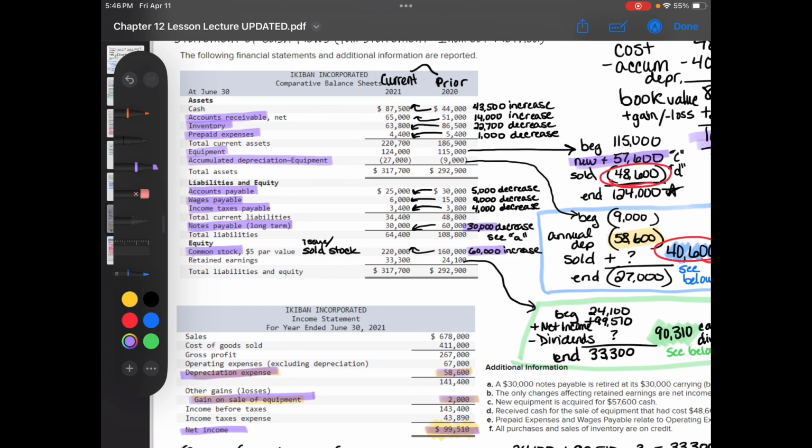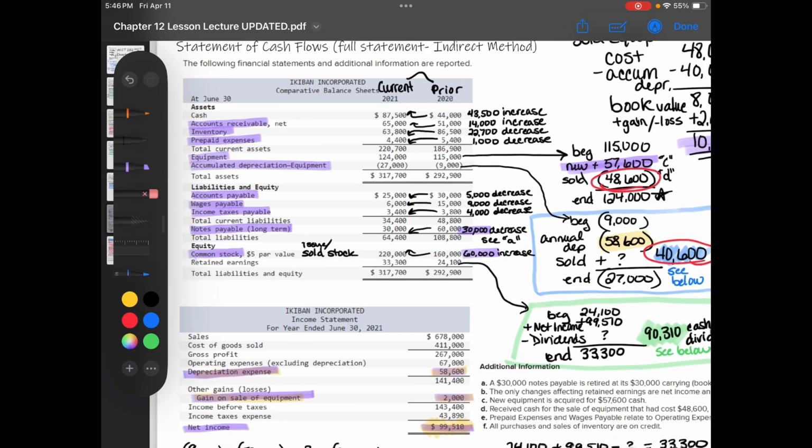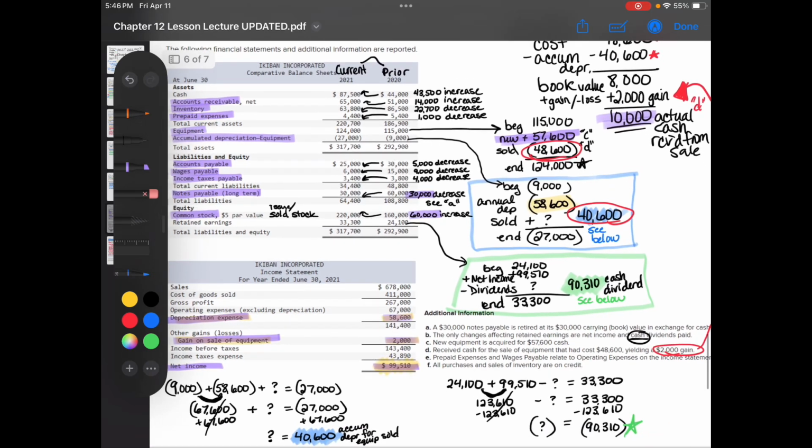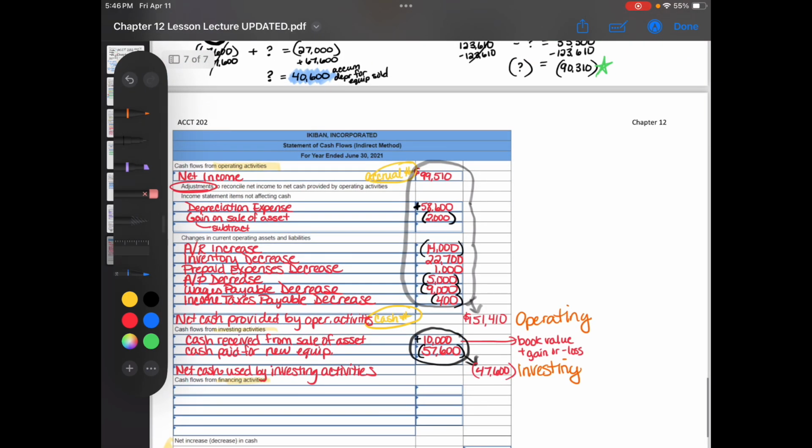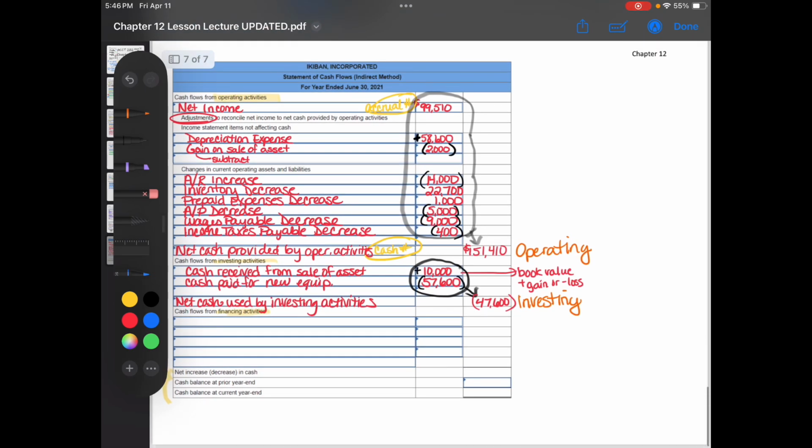And the one that we had to spend a little bit of time on is the dividends. So remember, we did some calculations on that. We did it off to the side here, but we found out that we had $90,310 in dividends. So all of those need to be recorded as financing activities. So we'll move down here and record those.